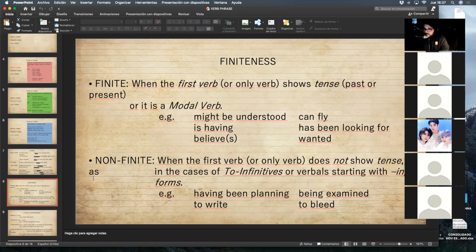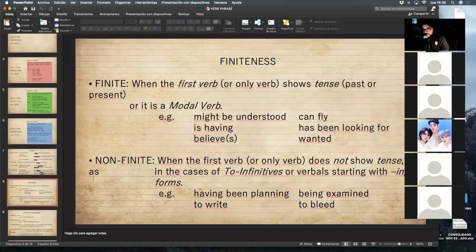Is having the same idea, and where's the tense? The tense is in its first auxiliary verb, is. Believe can be an s form or a past form or a base form, right? But they are used in order to represent present simple or past simple, therefore they have tense, and all the rest is the same idea.